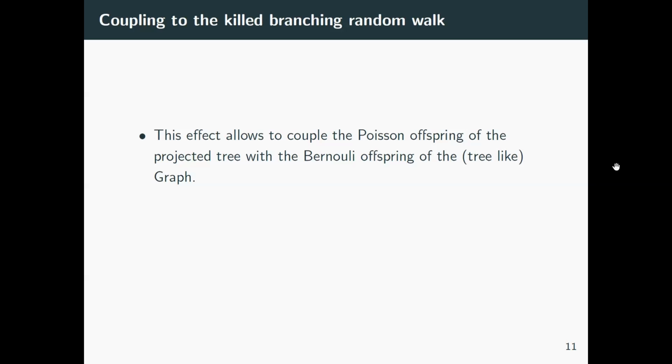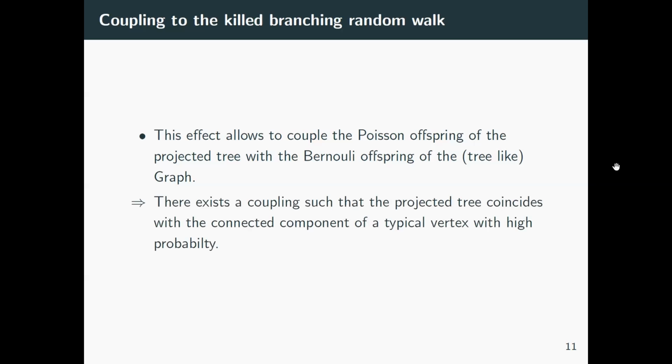There are quite some calculations, but these two effects combined are the main effects which allow us to couple this Poisson offspring of the projected tree with the Bernoulli offspring of our tree-like neighborhood of the graph. And this is the main ingredient of this first proof. Then we have that there actually exists a coupling such that this tree coincides with the connected component of a typical vertex with high probability.